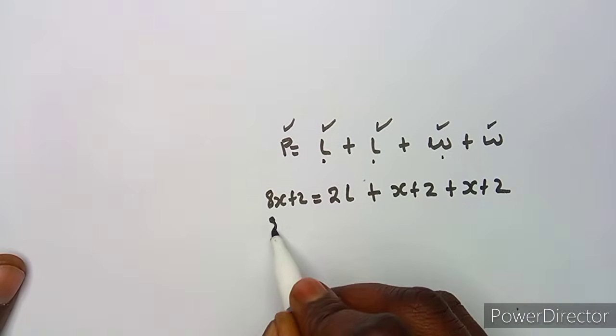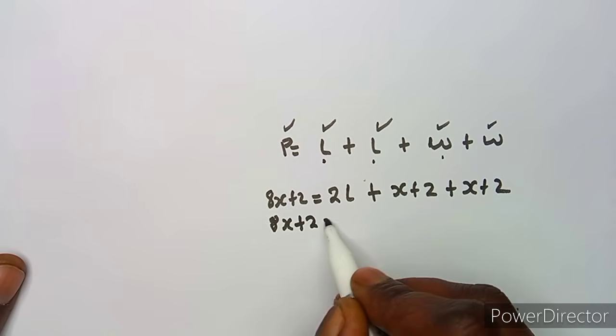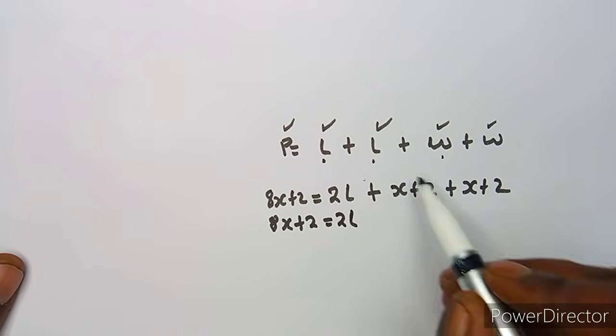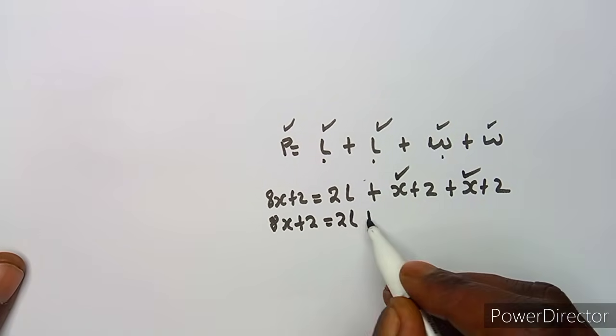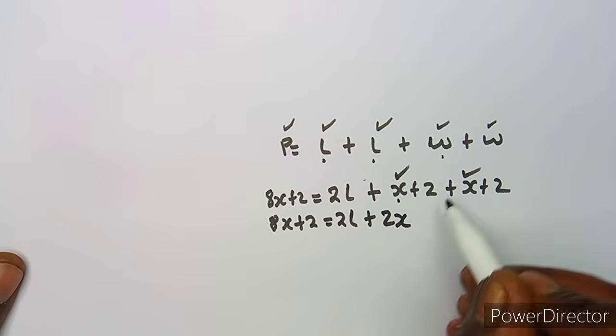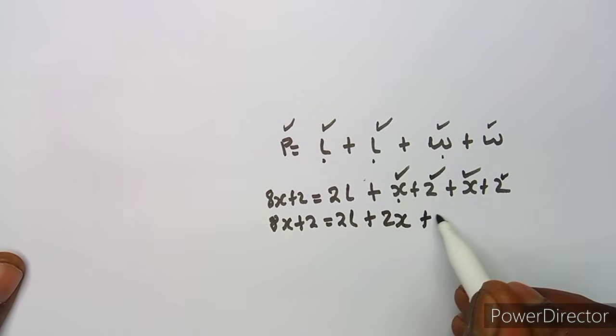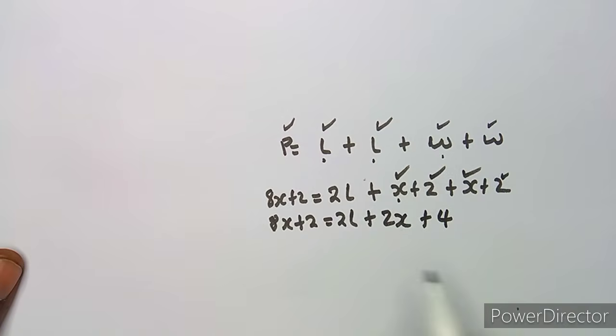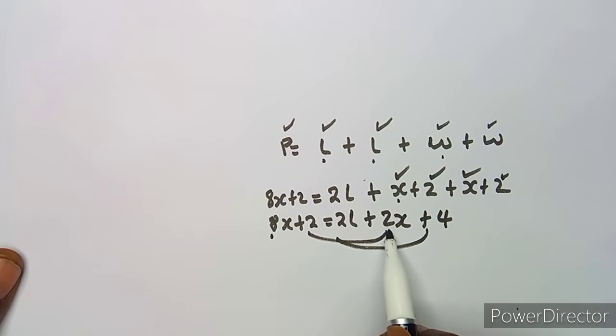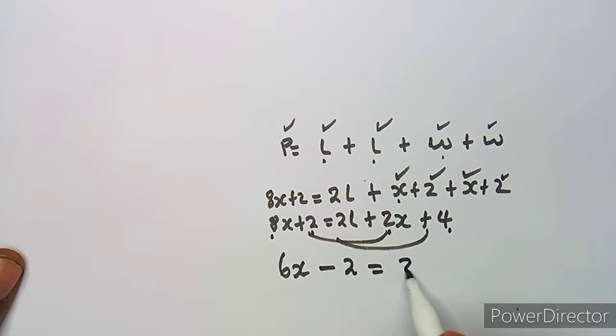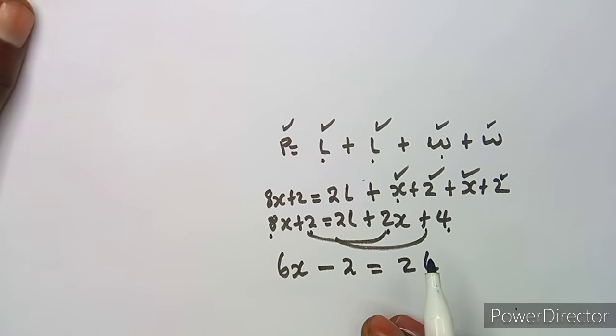So this is going to give us 8x plus 2, which is equivalent to 2L. Collect like terms: x and x, that's 2x, 2 and 2, which is 4. So definitely I can transpose this to the other side of the equation, which is 8x minus 2x, that's 6x, 2 minus 4, which is minus 2, is equal to 2L, which is the length. Remember, what am I supposed to calculate?